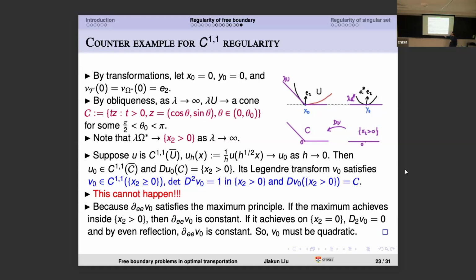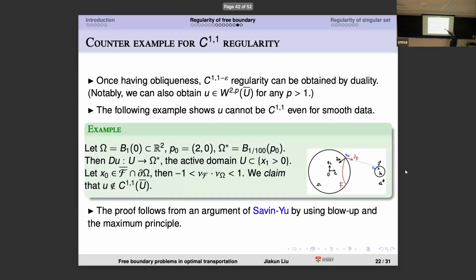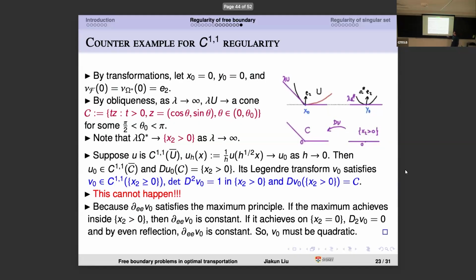The limit will satisfy a Monge-Ampere equation with the right-hand side equal to constant 1. The constant 1 is because we're assuming the density is Lebesgue density. Okay, so the limit will satisfy the Monge-Ampere equation with constant 1, and it maps the upper half space to a wedge. This never ever happens, right?